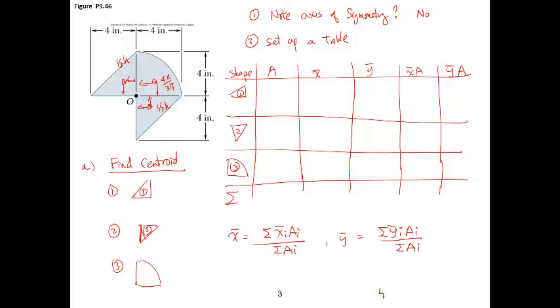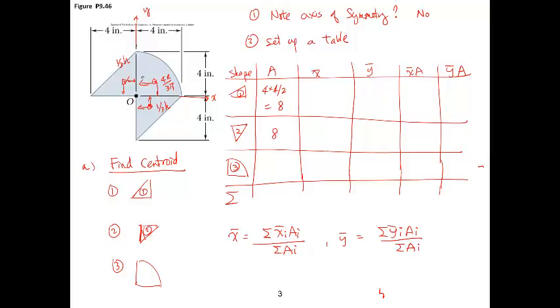Let's get the areas A first. So this is 4 times 4 divided by 2, and the same thing with that one. For x bar, let's assume that's my x and y axis that I want to take my centroids about. Remember, that's my origin O. Therefore, for area 1, the triangle on the left, x is in the negative axis, so we need to figure out what that is on the left.